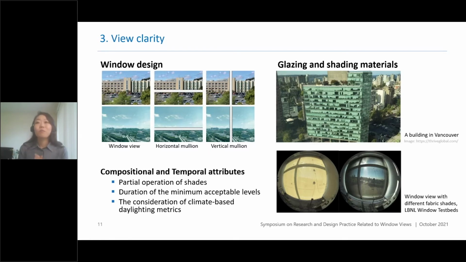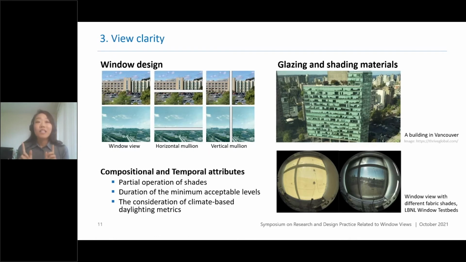Also, different materials can yield different view clarity, as in Yasin's presentation. And we also give an example here where two different fabric shades have the same solar transmittance value, but since they have different openness factors and other optical properties, the conveyance of the view is quite different for these two fabric shades.